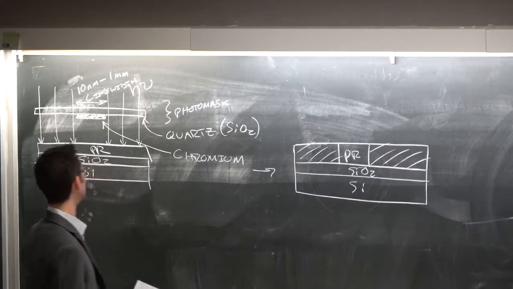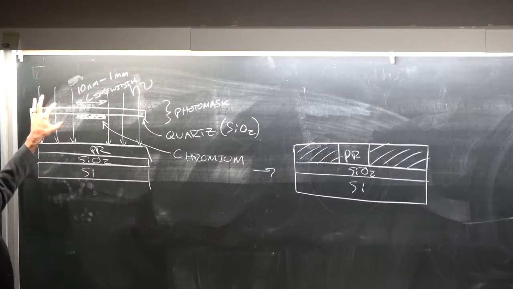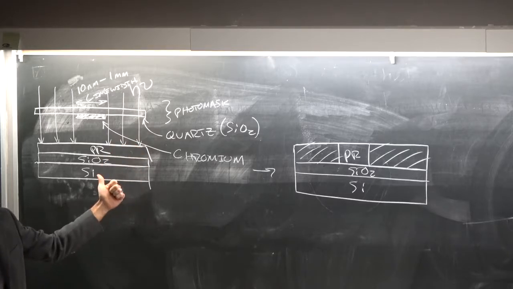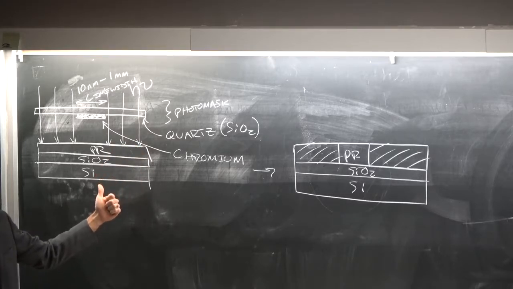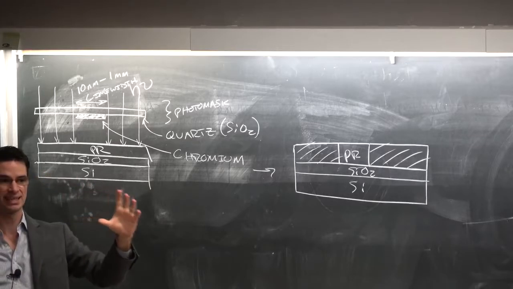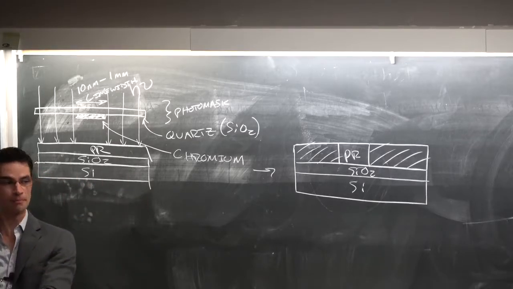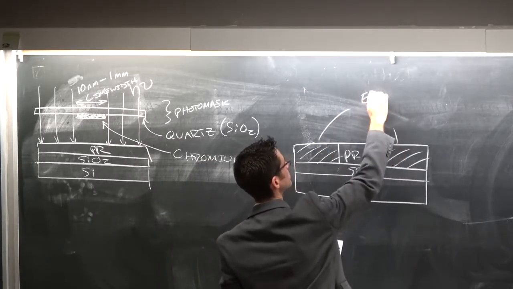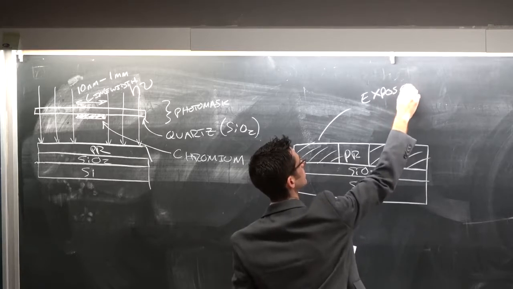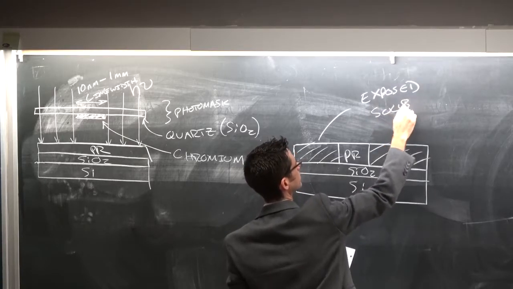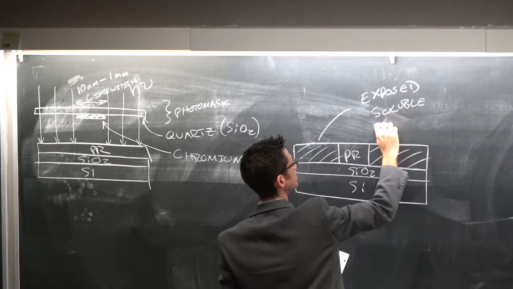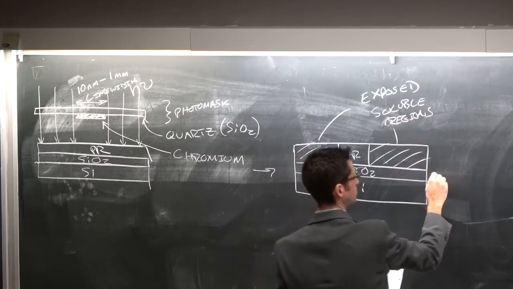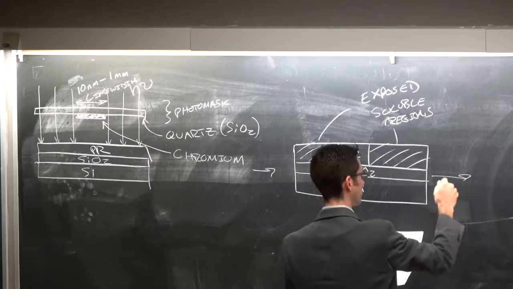And by positive, I mean that the transparent regions of the mask ultimately become the transparent or missing regions of the photoresist film. So the pattern in the mask equals the pattern in the photoresist film. So these are now the exposed soluble regions. Then you use a solvent.